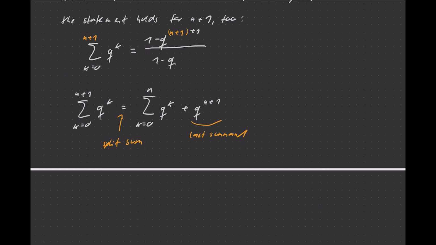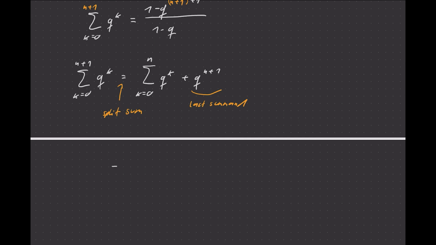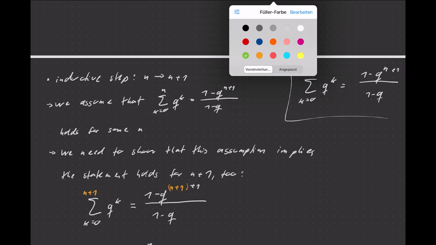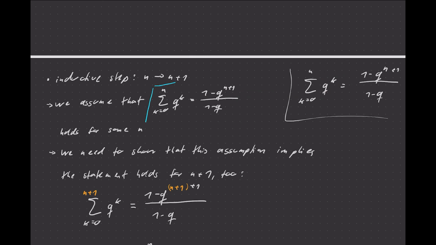Why do we do this? Well, by our induction hypothesis, this assumption here, let me mark that in color. This assumption here is called the induction hypothesis, and we assume this is true.